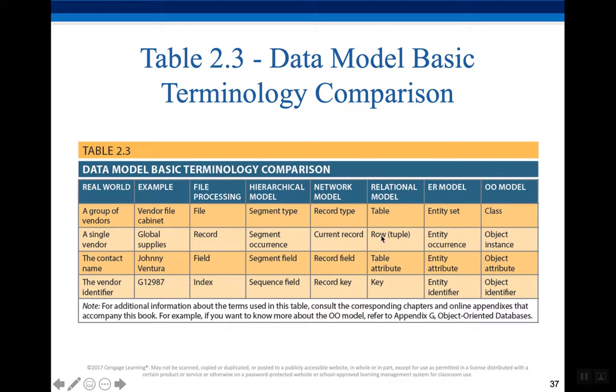A single vendor is stored in a row, aka a tuple. A contact name, which is part of that single vendor, is a table attribute or a field. And then the vendor identifier would be what we call the key, the unique attribute which identifies that particular vendor amongst the thousands or millions of other vendors that are out there.